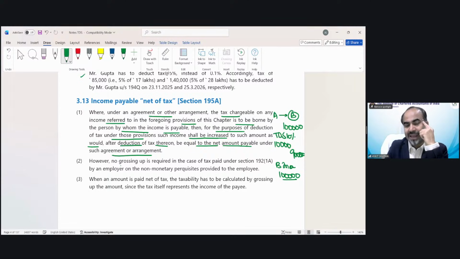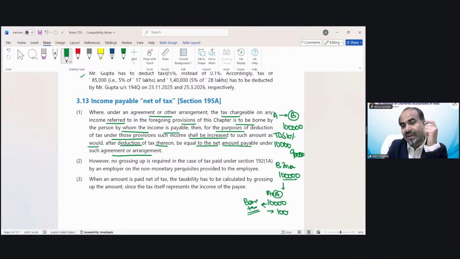But what point A is suggesting: suppose Mr. A says that the 10,000 rupees tax he will pay on behalf of Mr. B. Mr. A says, I am going to bear this tax on behalf of Mr. B. So now Mr. B will not receive 90,000.